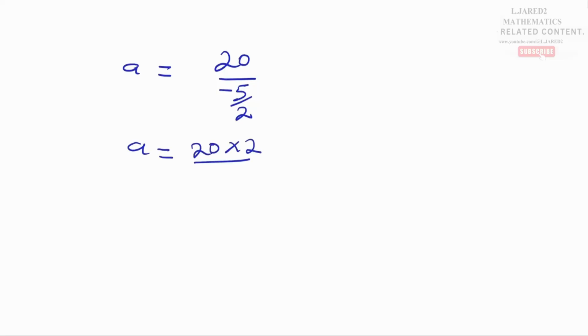Once I simplify that, I'm getting another value of A being equal to 20 divided by negative 5 over 2. And this is the same as having 20 multiplied by 2, divided by 5, but negative. And this is giving me negative 8.